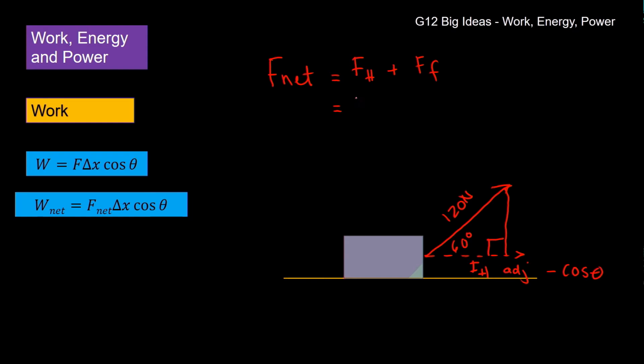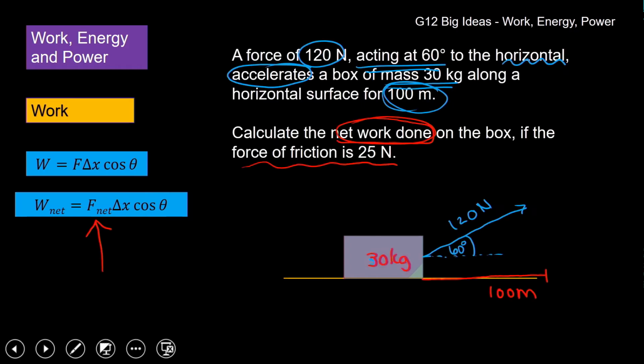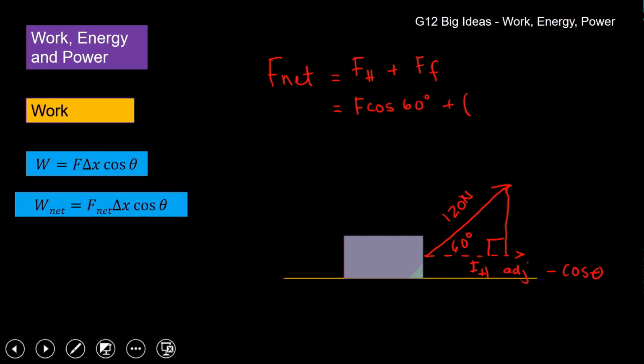So I will have my force which is applied, cos 60 degrees, plus, now my frictional force they told me was 25 newtons. We know that it is going to be a negative value. Why? Because it's acting against the direction of motion.